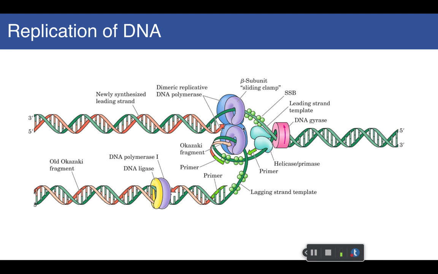We keep adding nucleotides that are complementary to the other strand. This allows for an exact copy of the entire genomic DNA to be made, in order to have an extra copy for cell division. So that's replication.